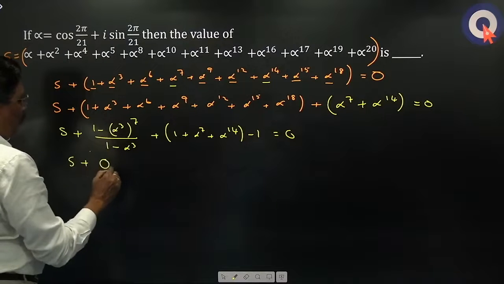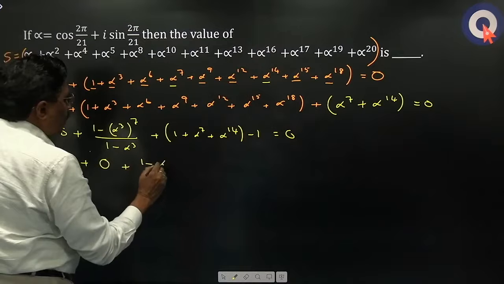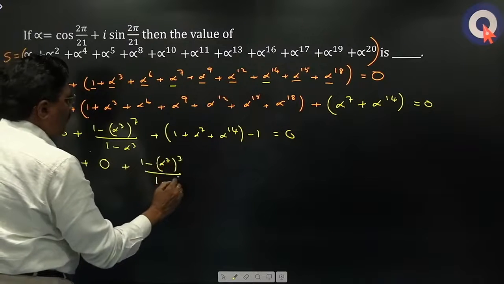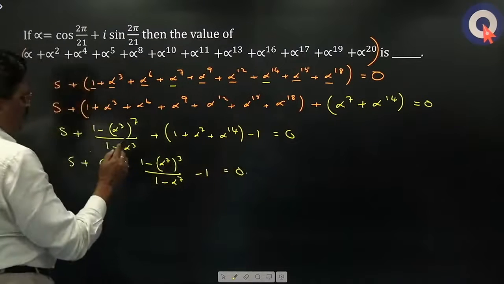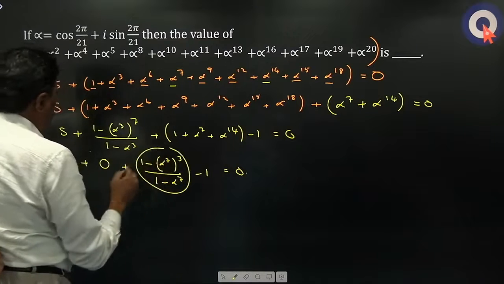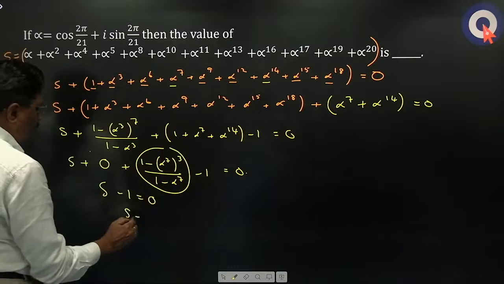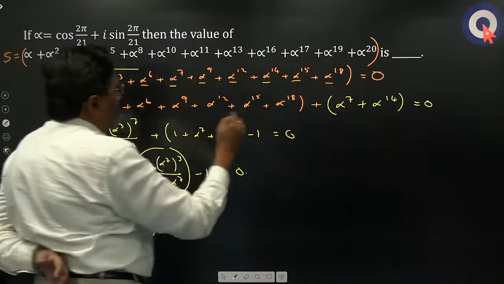So this becomes 0 plus alpha cube, which is not 0. So here 1 minus alpha power 7 whole cube by 1 minus alpha power 7 minus 1 is equal to 0. So therefore this is also 0. So you get s minus 1 is equal to 0, or s is equal to 1. So the required summation, the answer is 1.